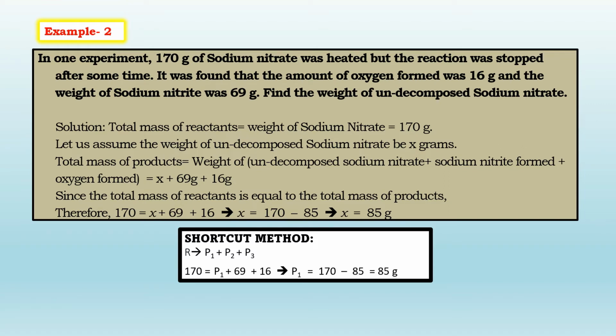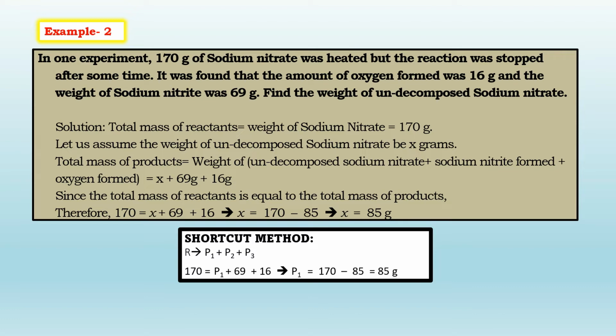Solution: the total mass of reactant is equal to the weight of sodium nitrate, that is 170 gram. Let us assume the weight of undecomposed sodium nitrate be x gram. Total mass of products is equal to the weight of undecomposed sodium nitrate plus sodium nitrite formed plus oxygen formed, that is x + 69 + 16 gram.